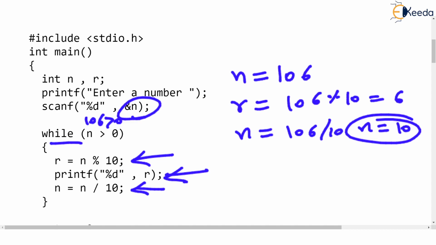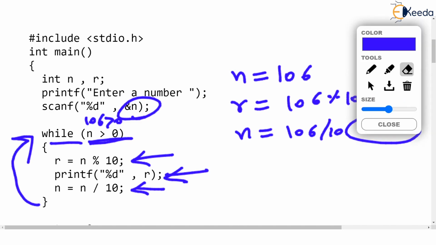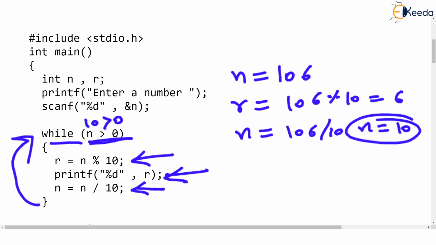Now imagine that you are going back to while and rechecking the condition. The condition now is, is n still greater than 0? It is. n is 10 and 10 is greater than 0. So when the loop repeats, r becomes n % 10, but the new value of n is 10.